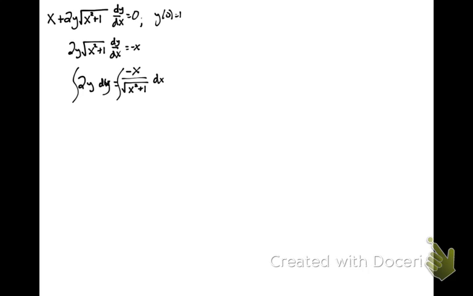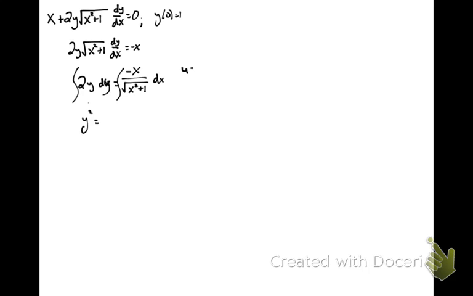If we integrate both sides, we'll get y squared equals... I'm not seeing what's going to happen immediately with this integral of x, so I'm going to use u substitution.